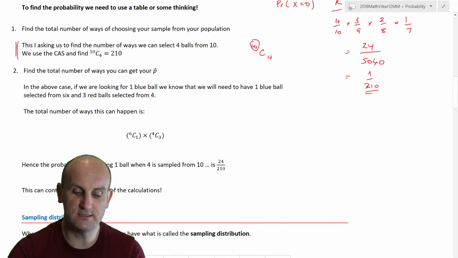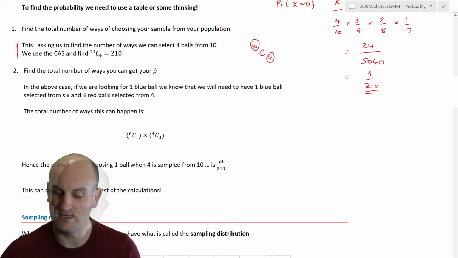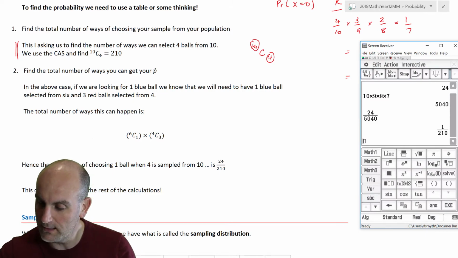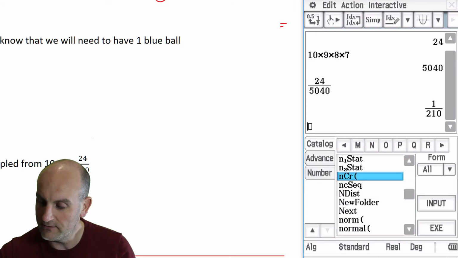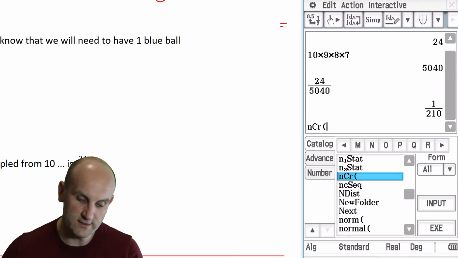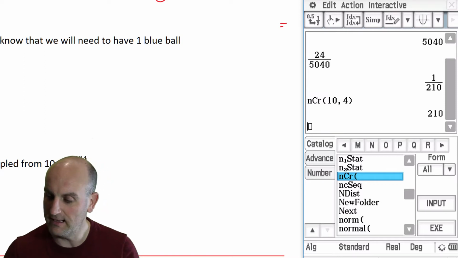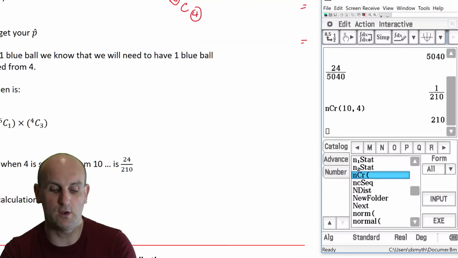I've got 10 things to choose from, and I want to find the total number of ways of choosing 4 from 10. On my calculator, I go to the catalog and find nCr. I enter 10, comma 4, close the bracket, and out comes 210. So there are 210 ways in total of me choosing that.